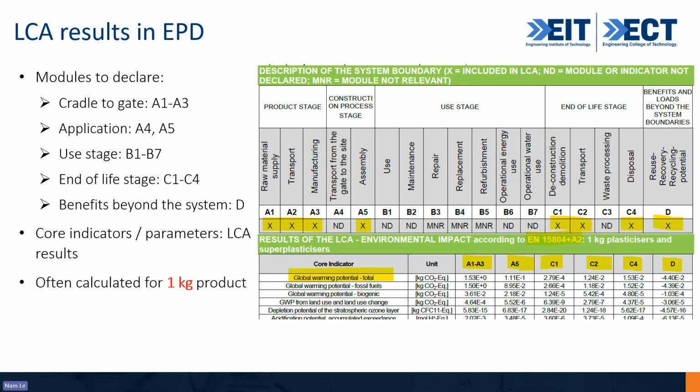For concrete admixtures, you can see here from the EPD of Europe, it is either not relevant or not declared in this use stage, right? Because the admixtures will be mixed in the concrete, and the concrete has its own use stage, not really relevant to the admixture. In other words, admixtures mostly don't have anything during the use stage.